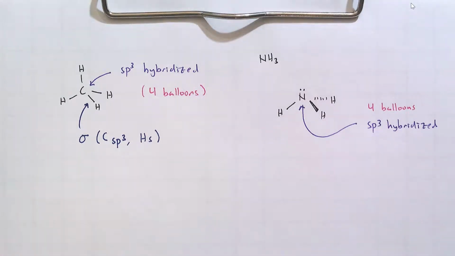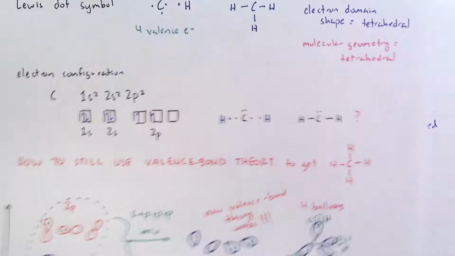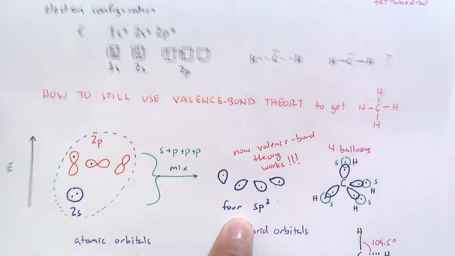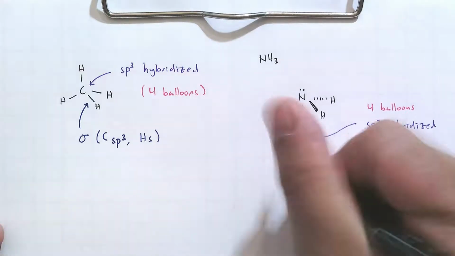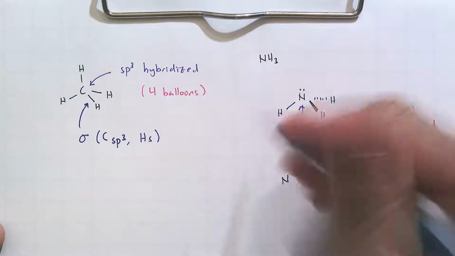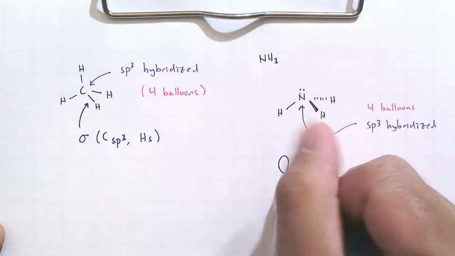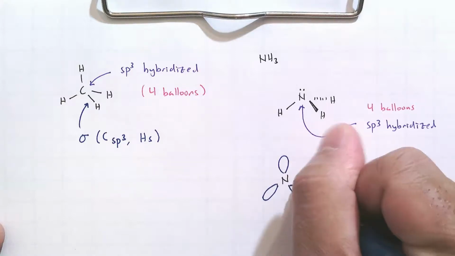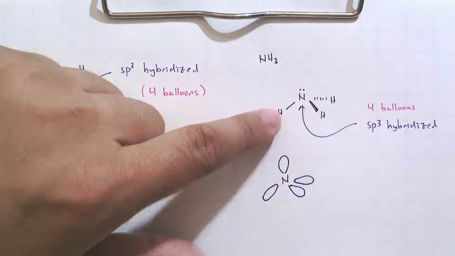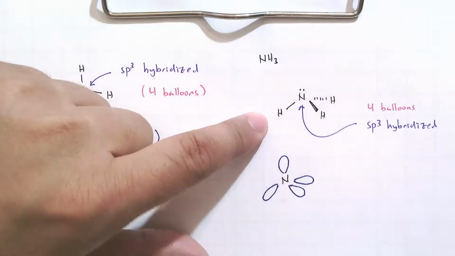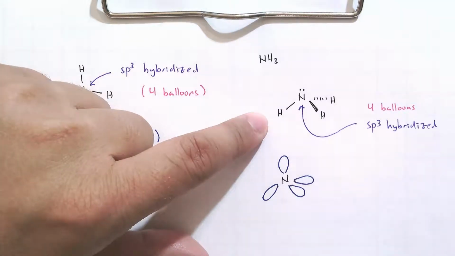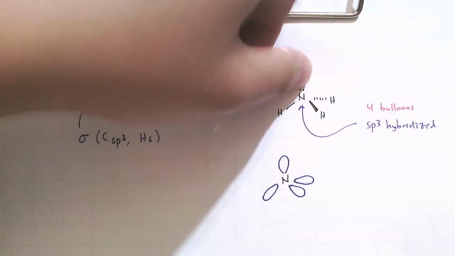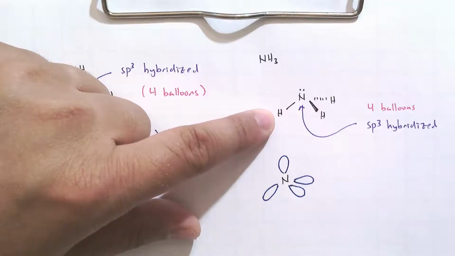Well, look what happens when instead of using carbon and the four balloons, I use nitrogen. And my four balloons look like this: 1, 2, 3, 4. You know that the electron domain shape of this molecule is still tetrahedral. It's just that the molecular geometry, because we don't have an atom up here, is trigonal pyramidal.